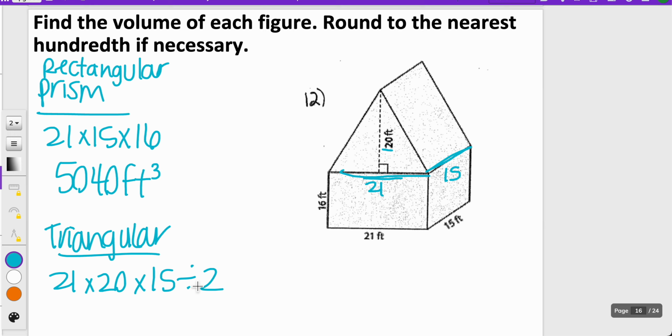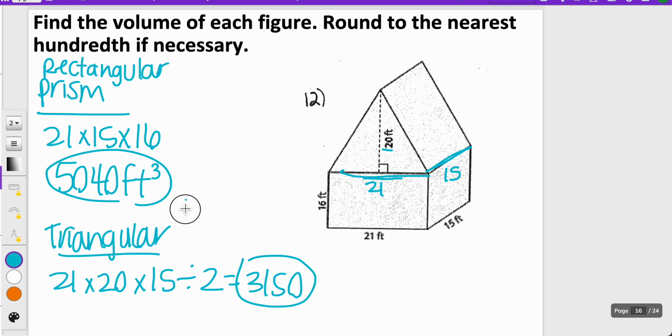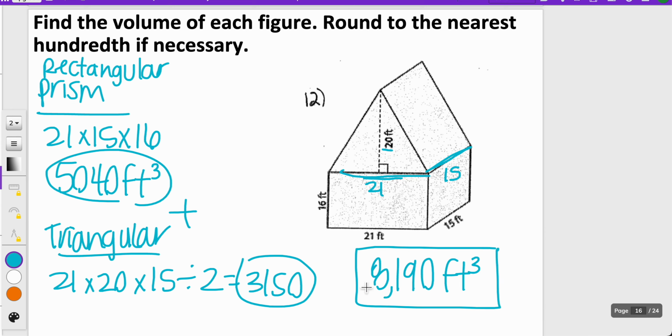So 21 times 20 times 15, and then divide that by 2. I'm getting 3,150. Finally, I'm just going to add these two together. So plus 5,040, grand total 8,190 cubic feet. That'll conclude our video and review on quiz review 8.3 through 8.6.